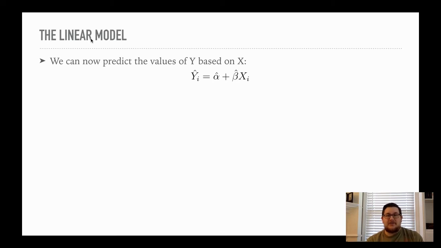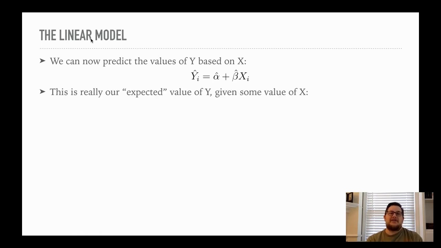Well, 5 times 2 is 10, plus 1 is 11. So if X is equal to 5, you would expect Y to equal 11.